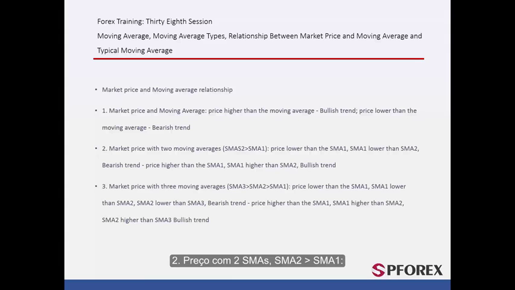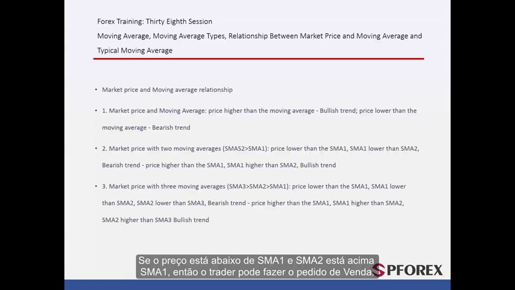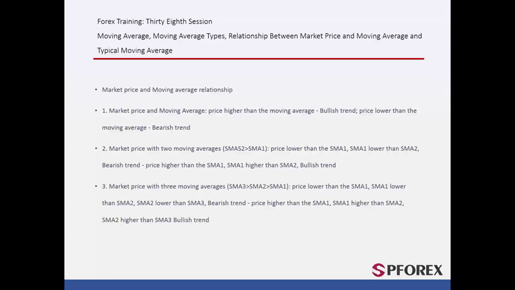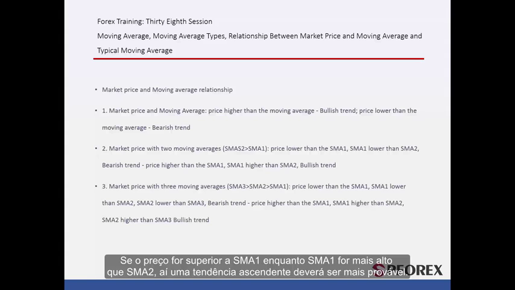Price with two SMAs. SMA2 is greater than SMA1. If a price is under SMA1 and SMA2 is above the SMA1, then a trader can place a sell order. If a price is over SMA1 while SMA1 is higher than SMA2, then an upward trend would be more probable.